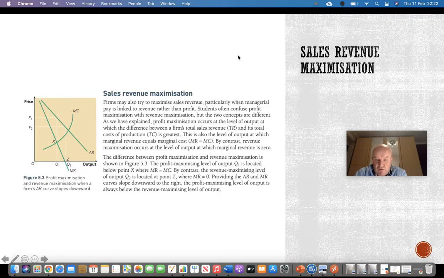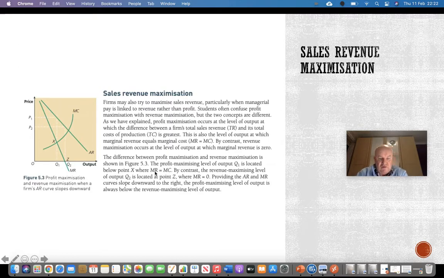So if revenue maximization is the key objective, we'll carry on until the marginal revenue we're achieving is zero, the point at which we're not producing any more revenue at all. Clearly there's a significant difference between profit maximization and revenue maximization, and that's shown in 5.3 in this diagram here.